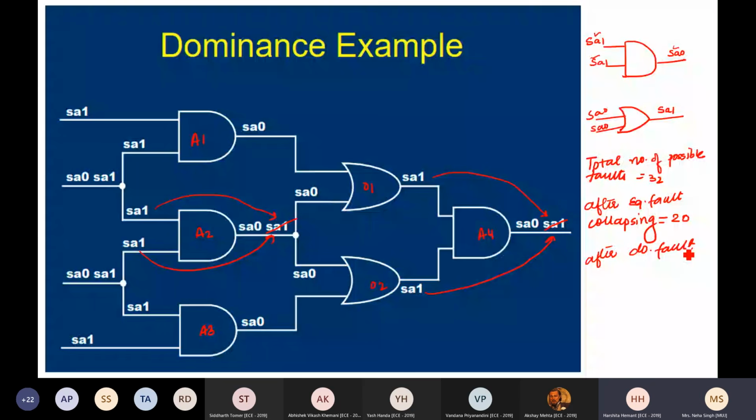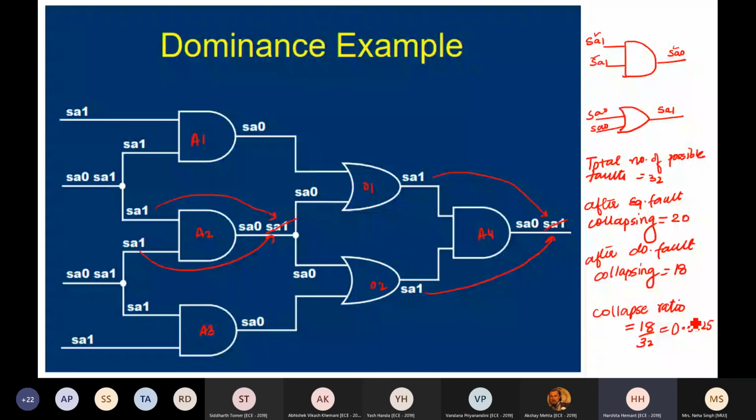So what is the collapse ratio? 18 by 32, which is nearly 0.5625. So 56% of the faults need to be tested. Rest can be eliminated due to fault equivalence and fault dominance. There will be one question on this reduced set of faults to be tested for a given circuit in your exam.